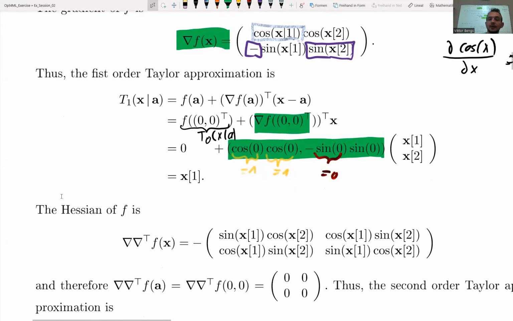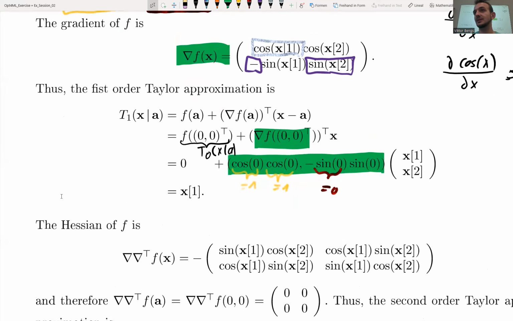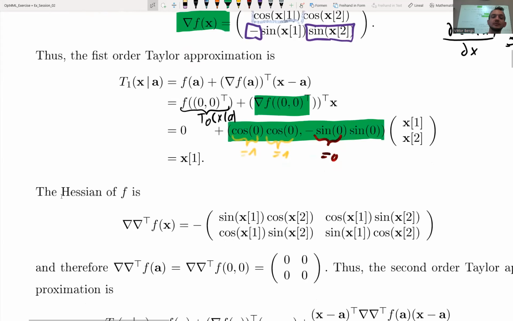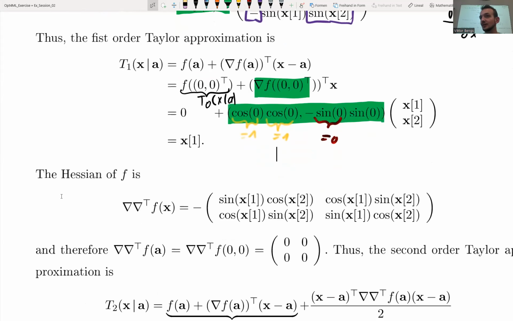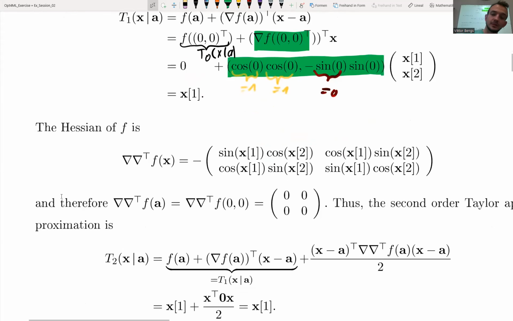All right, then one might wonder, okay, a linear function might not be the best fit for a more complicated function like sine and cosine product of it. So the second order, a quadratic function might be a better way. And this is what the second order Taylor approximation is doing.